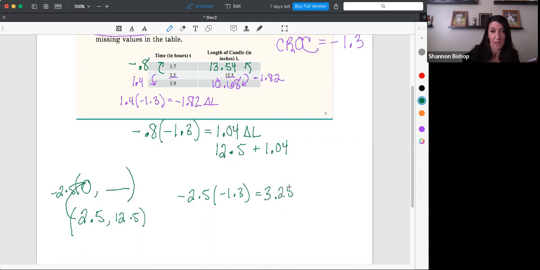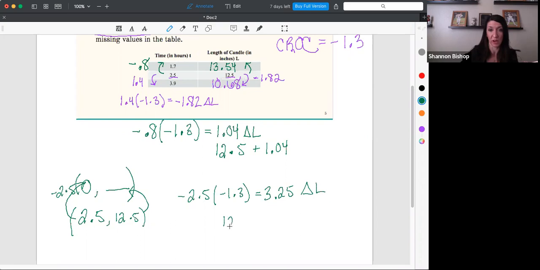So again, does that mean the candle was 3.25 inches in the beginning? No, that just means it was 3.25 inches longer than at this moment. So using the 12.5 as our reference, we now know that the candle would have changed by 3.25 inches.